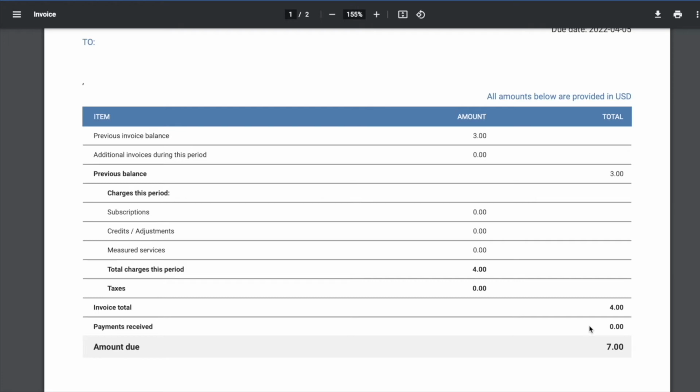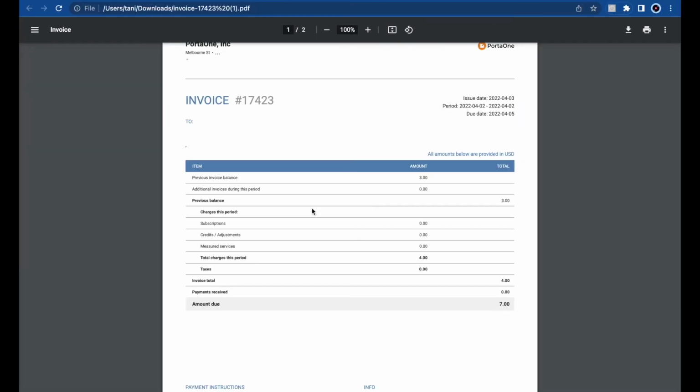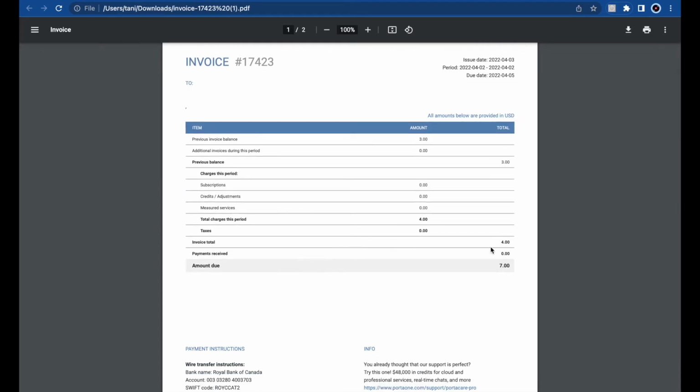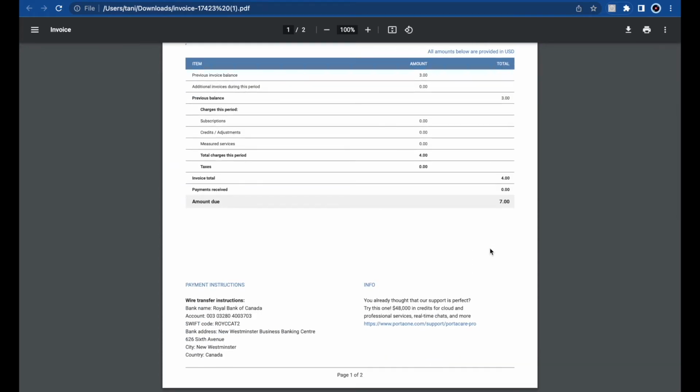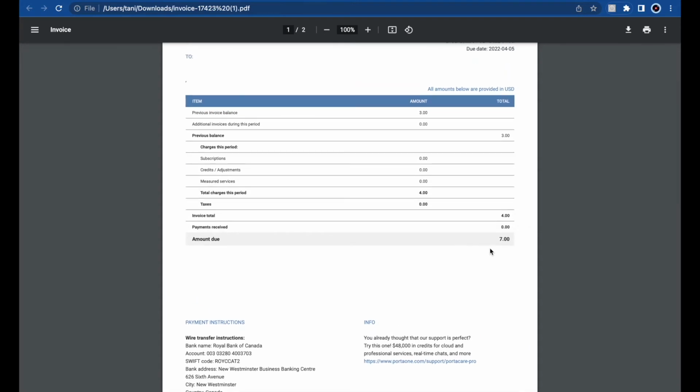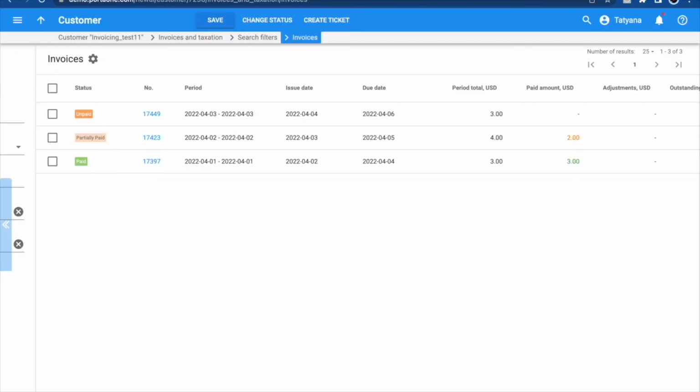The amount due is the sum of the previous invoice balance and the invoice total, and it equals $7 for the second invoice. As in the case of the first invoice, no payments were posted during the billing period, so they're not shown in the invoice PDF. They are only displayed on the PortaBilling system in the paid column, $2.